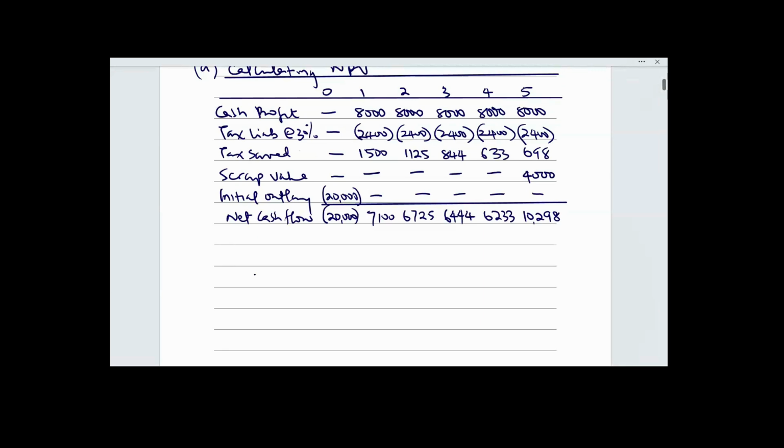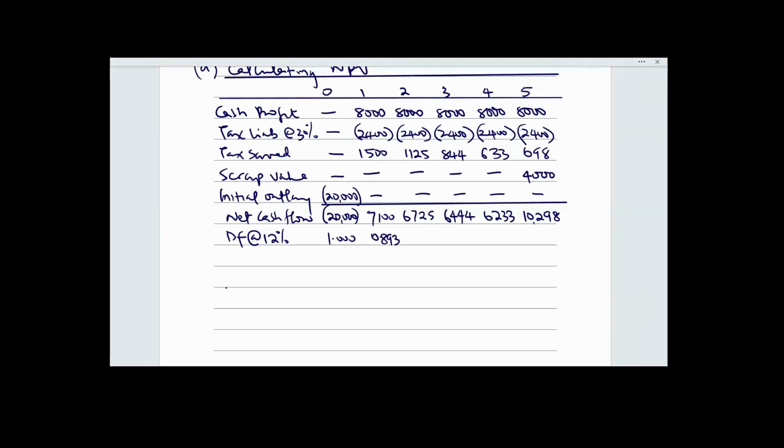After this, we need to discount it at the company cost of capital. According to the question, the WACC of Chair PLC is 12% after tax. Year 0 is 1. The discount factor at 12% for year 1 is 1.12 raised to the power of minus 1, that's 0.893.